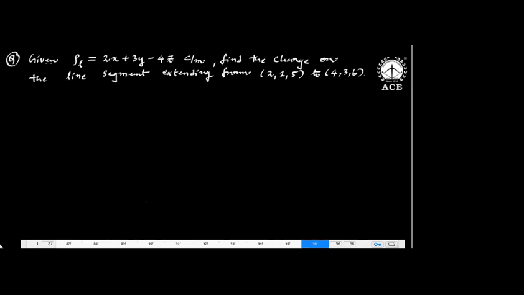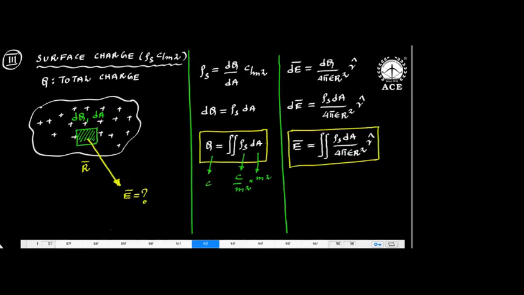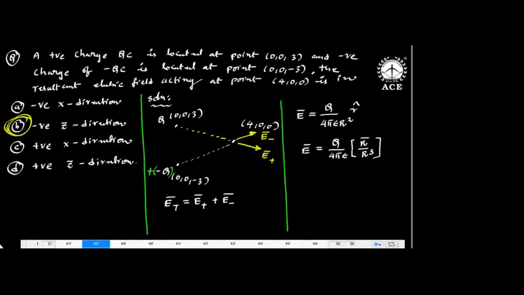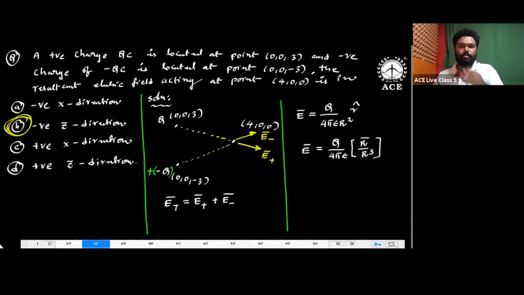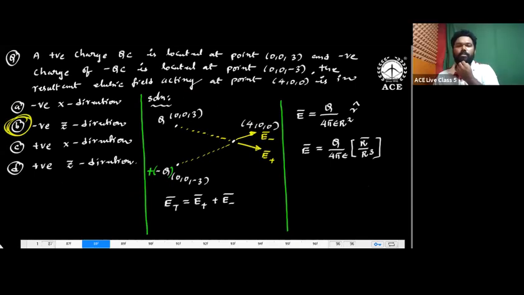Sir, while calculating the R cap, we are subtracting E2 minus E1, no sir. Why should we do it in reverse? In this case, why are we doing 4 minus 0? Why can't we do 0 minus 4? 0 minus 4 you can do, but you need to consider it along with the negative sign.